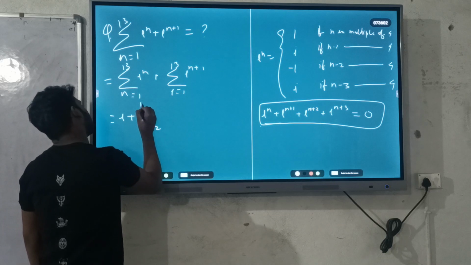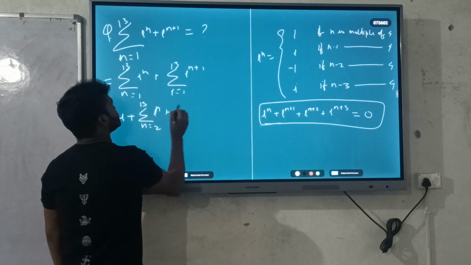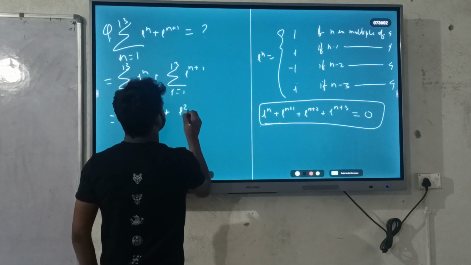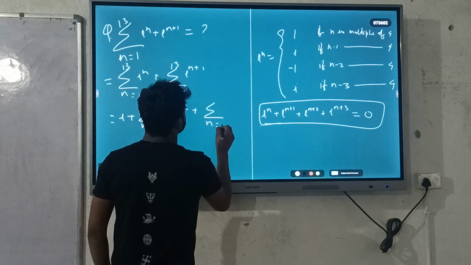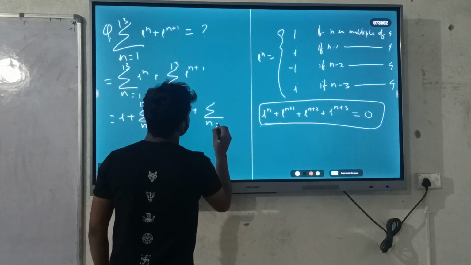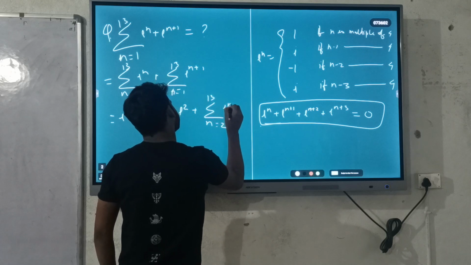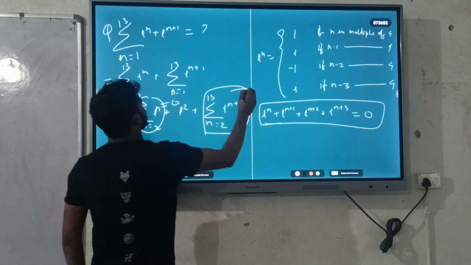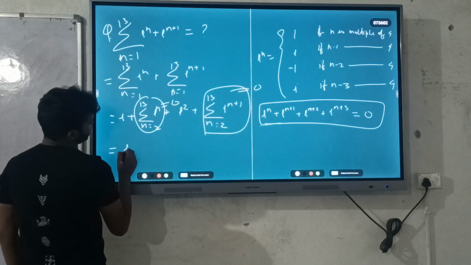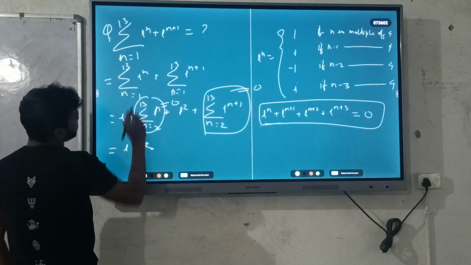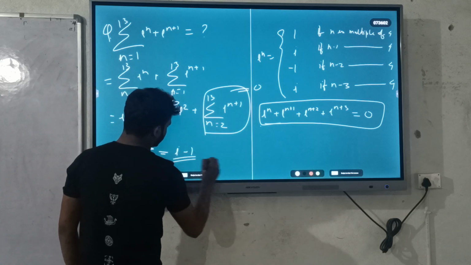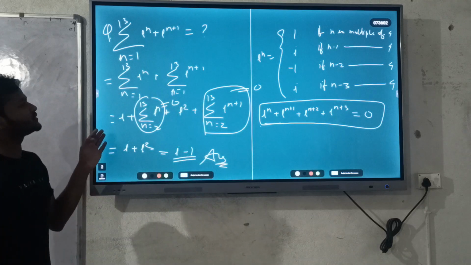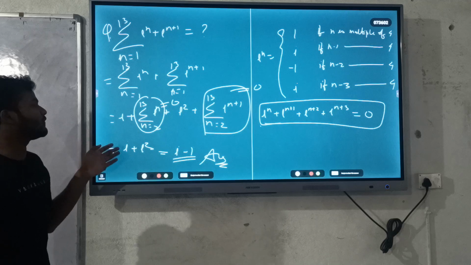Now there are a total of 12 elements, so we can write them in blocks. This summation and this summation have value 0 by the same logic as the previous. So we get i plus i squared as the value of the summation, that is i minus 1, and that is the required solution.